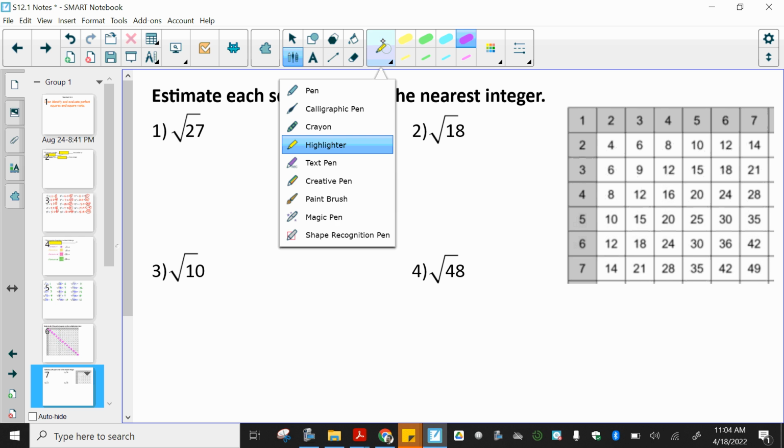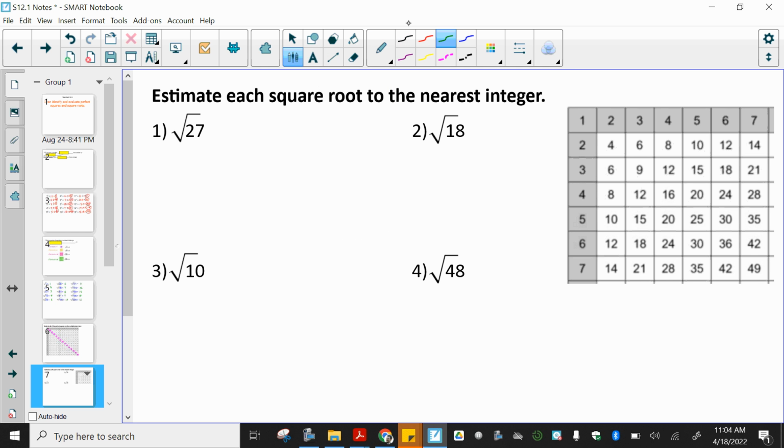So we're going to say the square root of 27 is between the square root of 25 and the square root of the next one up, 36. So the square root of 27 is closer to the square root of 25. So if we round the square root to the nearest integer, our answer is going to be 5.